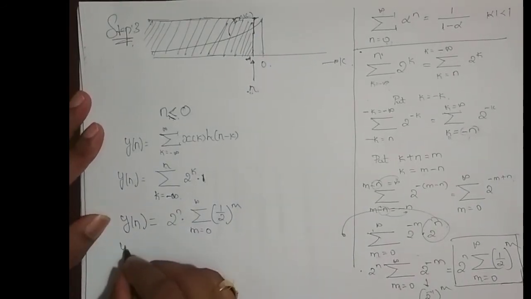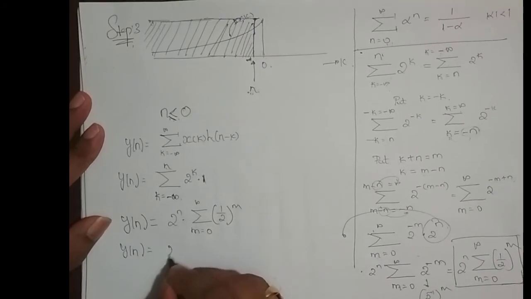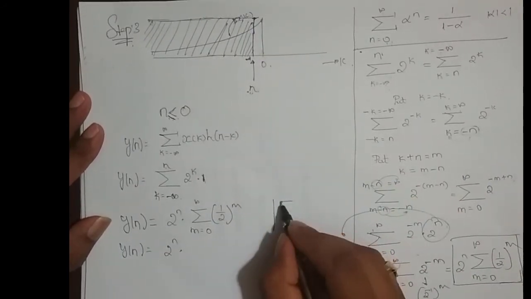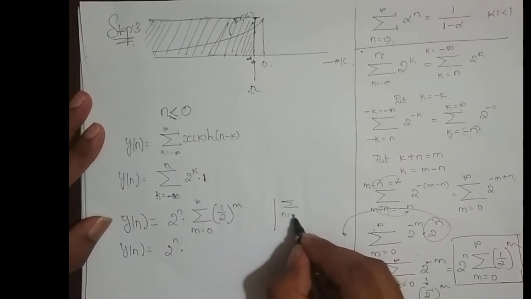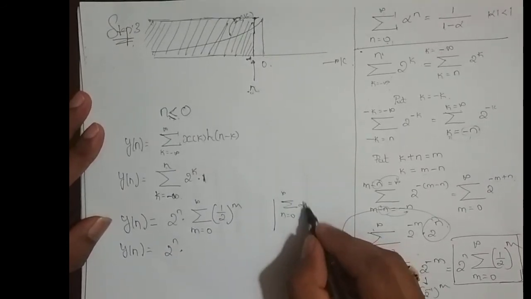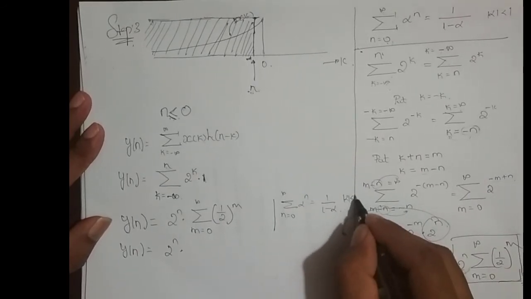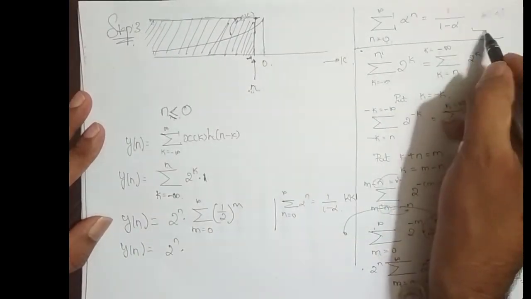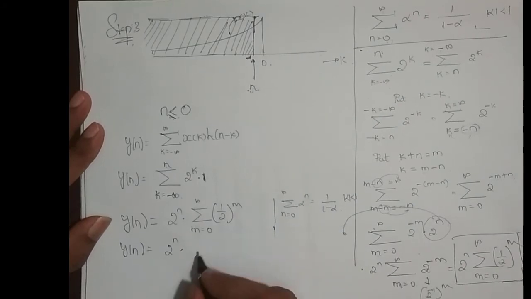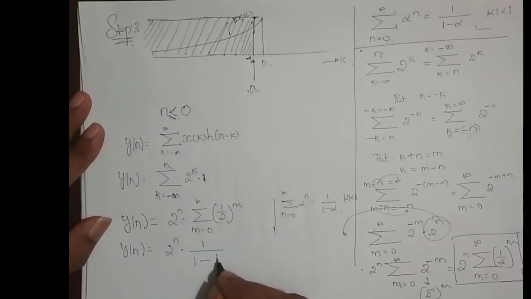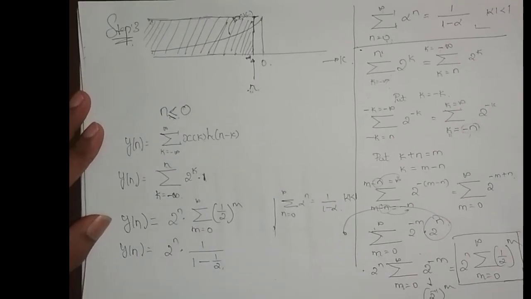Okay. So y of n is equal to 2 power n into, what is the standard form? Summation n varying from 0 to infinity, alpha power n is what? 1 divided by 1 minus alpha, and magnitude of alpha should be less than 1. This is a standard result. So 1 divided by 1 minus alpha is 1 by 2, right?